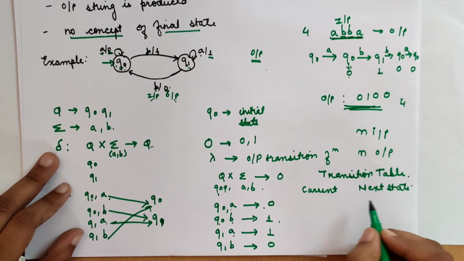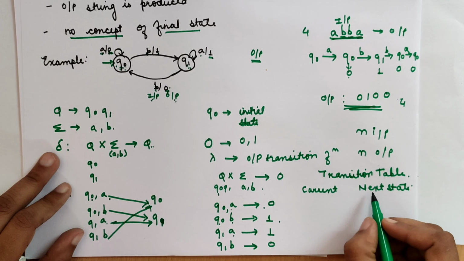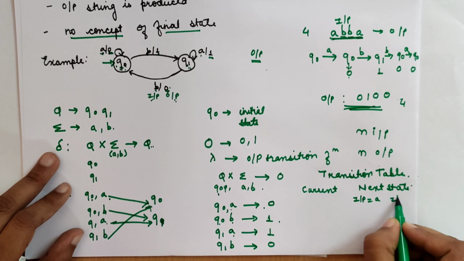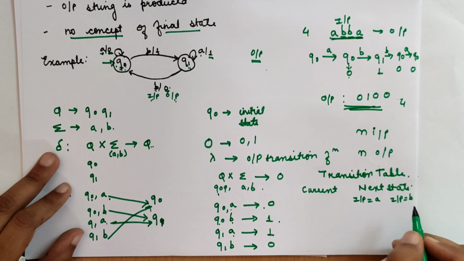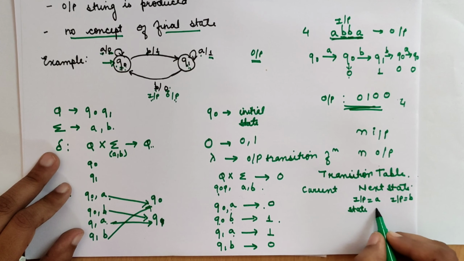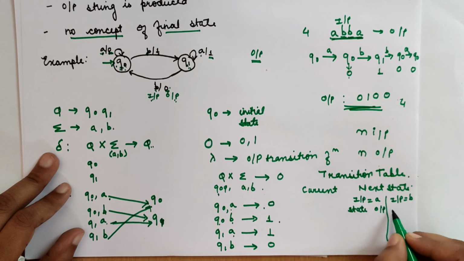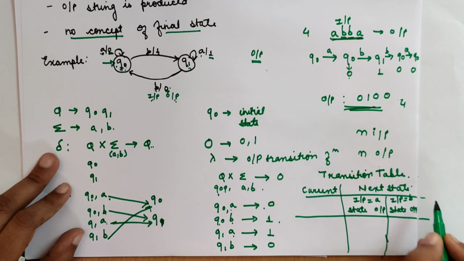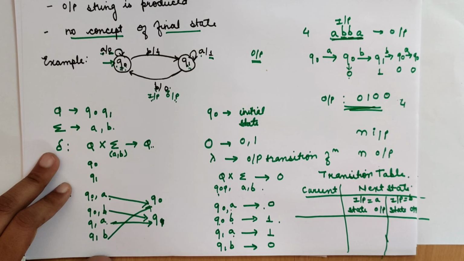In the next state, you have to remember there are two inputs, A and B. Now we have to write down the state going to which next state and the output produced by it. So this is the transition table.